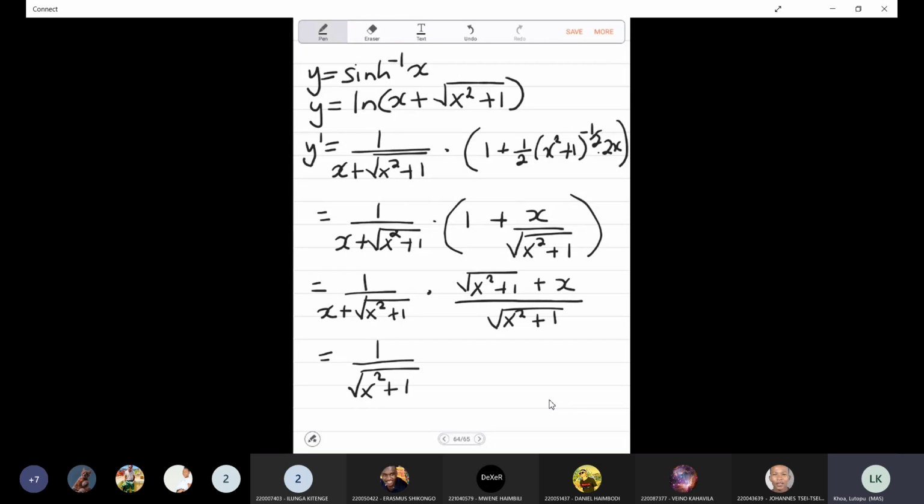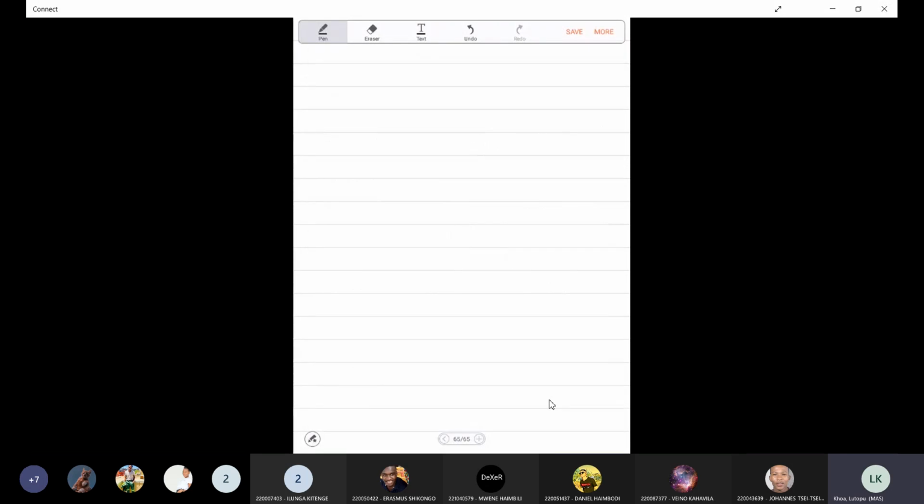Right, then we can look at hyperbolic cos. So this is the second one. If y is equal to hyperbolic cos inverse of x, we know that this means that hyperbolic cos of y is equal to x.